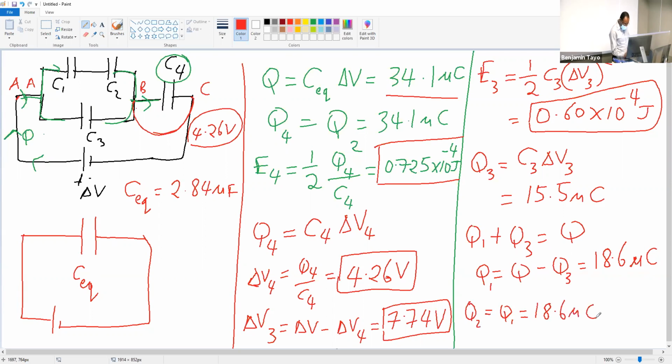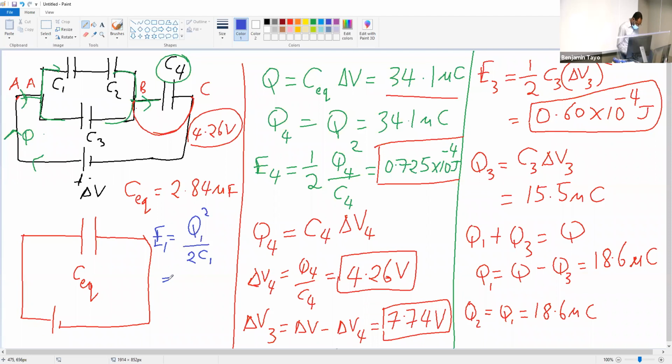So now since we know Q1, we know Q2, I can go ahead and calculate my E1. So my E1, for example, I can use this equation here: Q1 squared over 2C1.